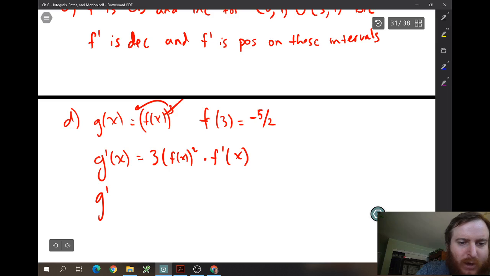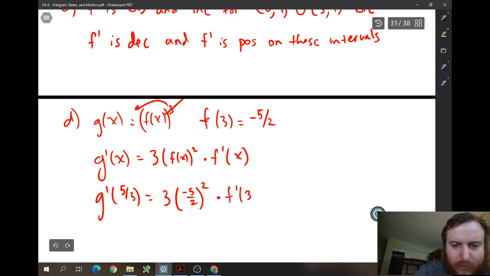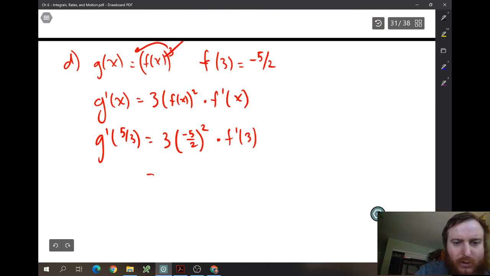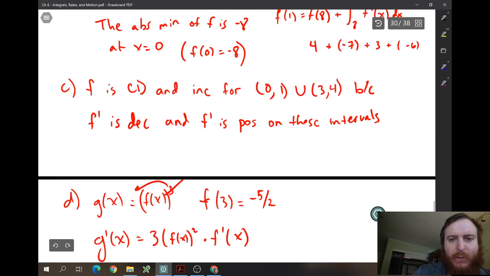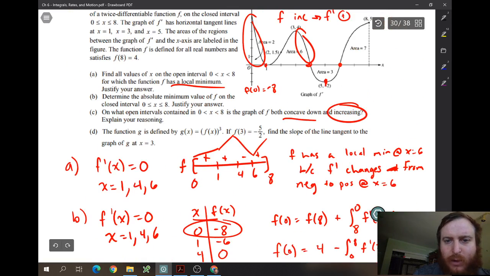So to get g prime of 3, that's why they gave us f of 3: 3 times negative 5 halves squared times f prime of 3. Negative 5 halves squared is 25 over 4. And f prime of 3 is just our y value at 3, because this is the graph of f prime already.